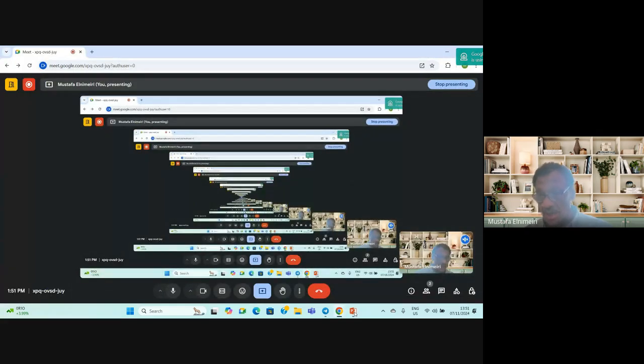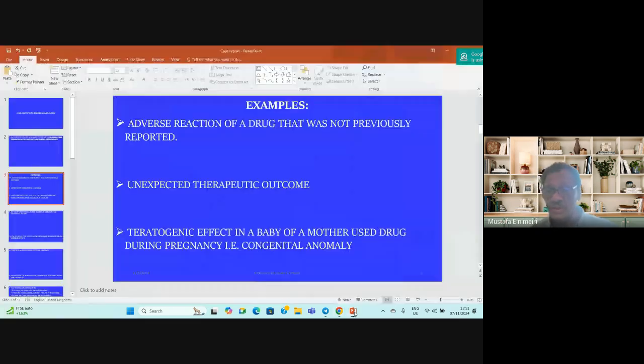Unexpected therapeutic outcome, that you use a certain drug and then the outcome is unexpected or unique, and you cannot find it reported in previous literature, for example.